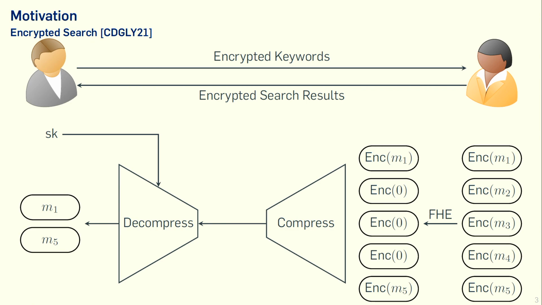Thanks for the talk. I wanted to clarify whether the party who compresses the data knows t, whether the party that compresses the data knows how many non-zeros there are in the vector. We need to know an upper bound on the number of non-zeros.